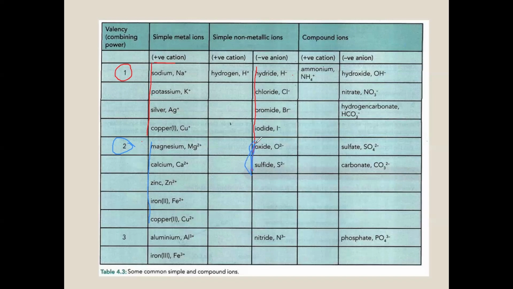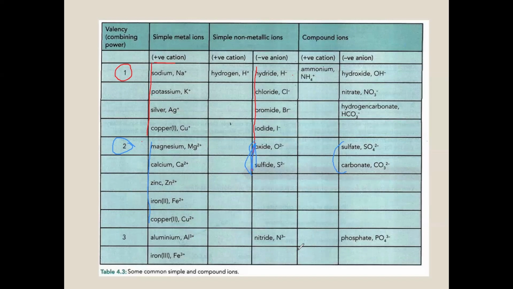Sorry, the red color came over that accidentally. And the compound ions, whose valencies are -2, valency 3, and so on. So these are simple ions, metals, non-metals, and the same for compound ions.